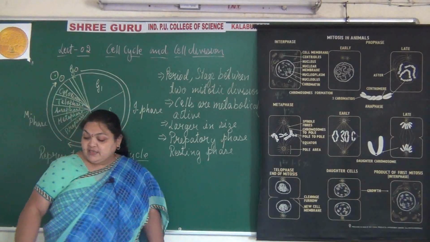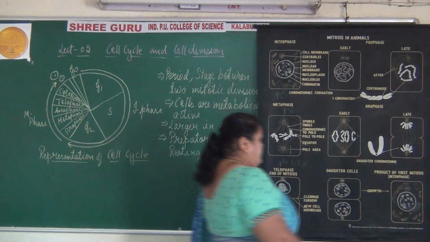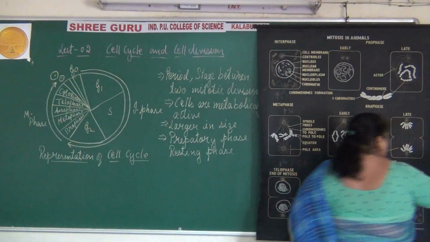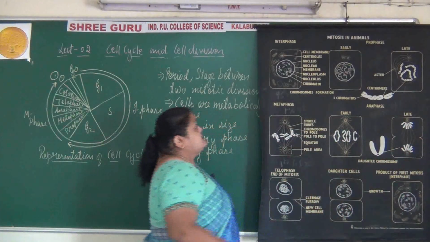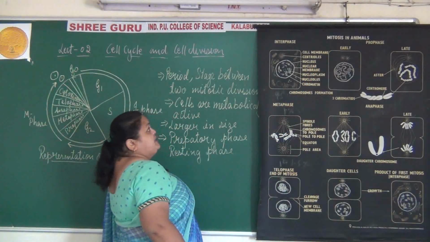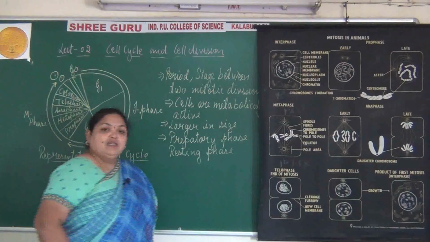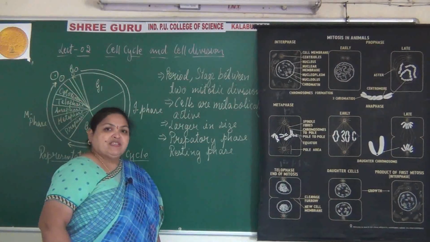Look at this diagram over here. This is a chart of the process of mitosis in animals. So what is there in interphase? Already we have learnt the organelles present in it.